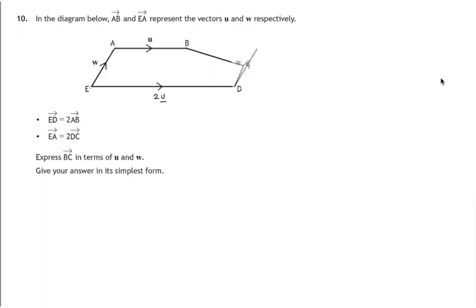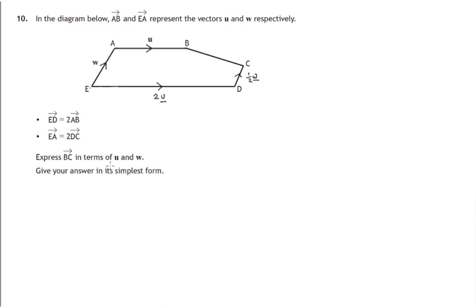We can see that EA is not quite parallel to DC in the exam board diagram. Anyway, D to C will represent a half of the vector W. So let's add that information to the diagram. D to C, a half W.